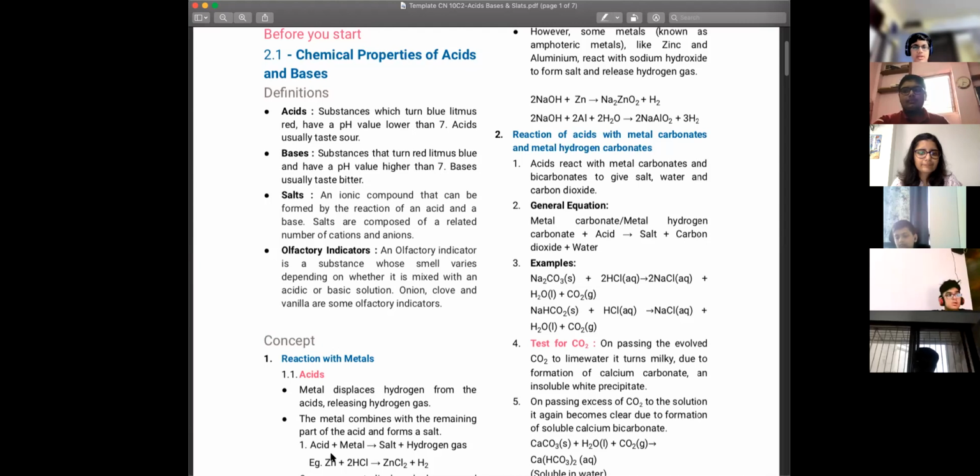Yeah, Aditya, what's up? Ma'am, I was writing something from the whiteboard first page. Can you please show it once again? Yeah, one moment. So in case you guys are noting down the definition of salts, this is a very good definition. It's just 2 sentences, covers all the important points. So note this down rather than what is written on the whiteboard for definition of salts. Once you guys are done with that, I'll switch back to the whiteboard.